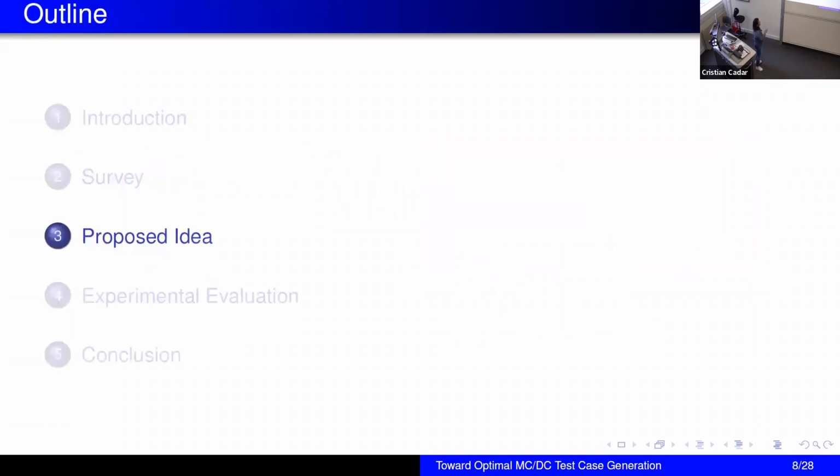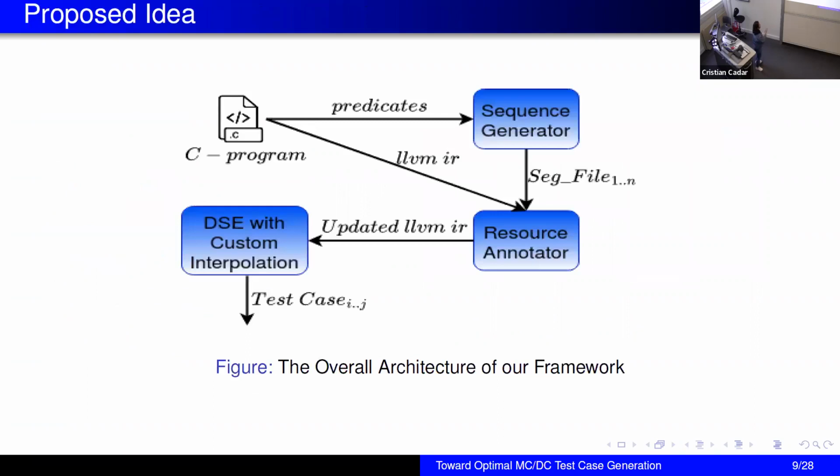That's why we have proposed our idea, and this is the overall architecture of our framework, where we have used dynamic symbolic execution with cluster interpolation to generate the required MCDC test cases by using annotated LLVM IR.